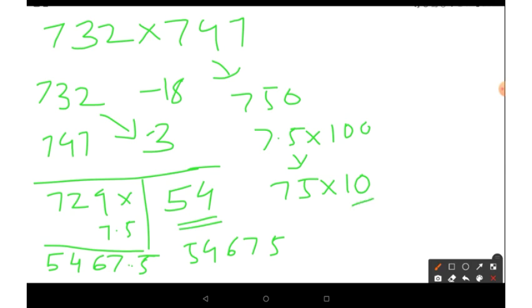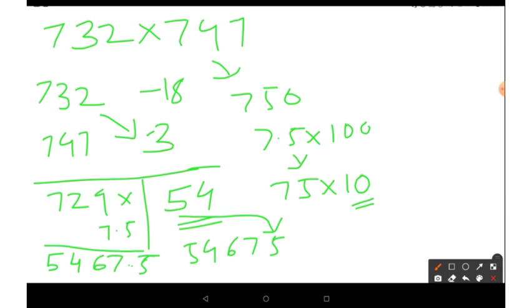So 10 has only one digit. Then what you have to do? You can retain only 4 here, and this 5 you have to carry forward. We have done the adjustment like this, 75 into 10. This part we have multiplied with 75, and 10 has only one digit. So you can retain 4, but this 5 you have to carry forward to here.